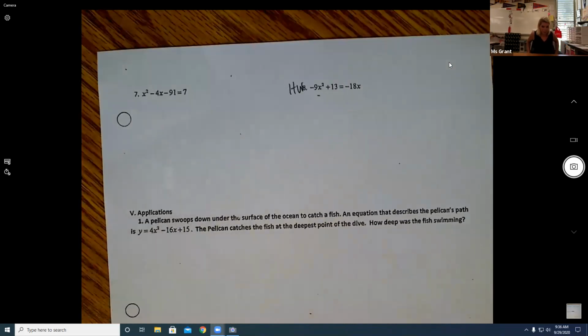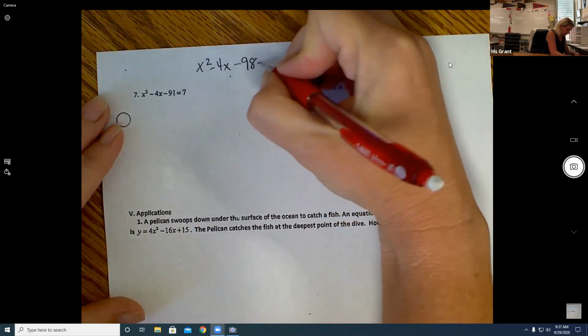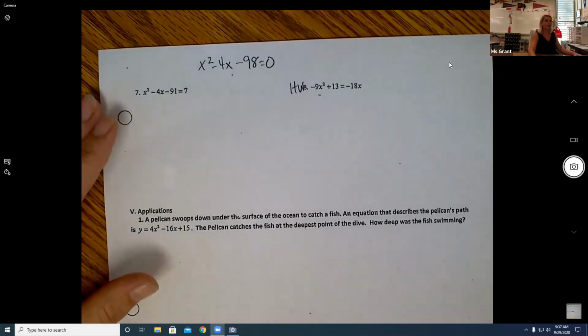You're doing number 8 for homework. So number 7, even if I tried, let's see. $98. So that would require me playing around with the calculator for a little bit.